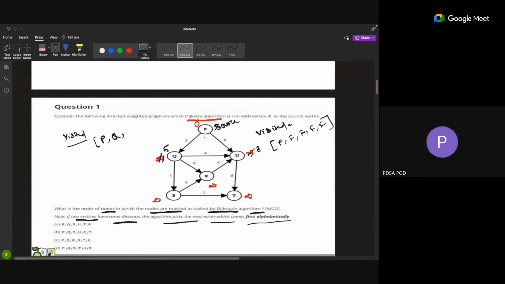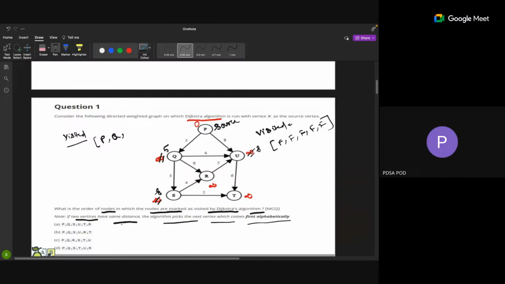That distance is also updated. It's going to be 8. But when you come from Q, the distance to R, which is already 5, plus 6, is 11. And Q to S is 8, and from P there is also 8.